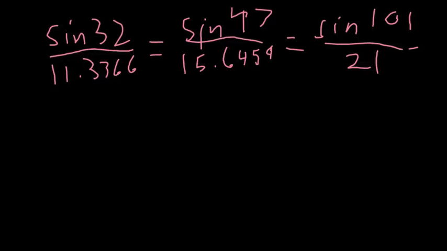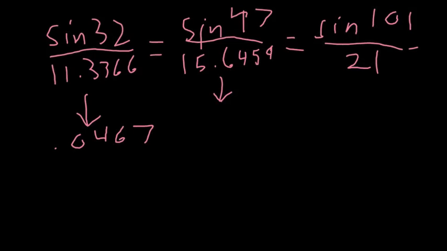You can solve each single proportion, and for this proportion, if you divide sine 32 by 11.3366, you get 0.0467.